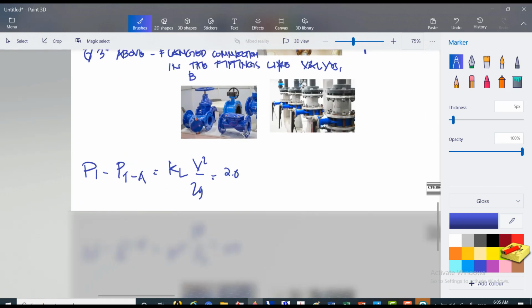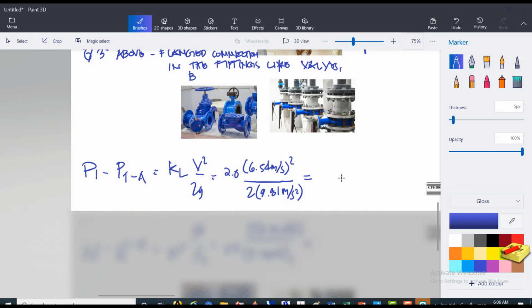So this will be 6.54 meter per second squared divided by 2 times 9.81 meter per second squared. So we have 4.36.